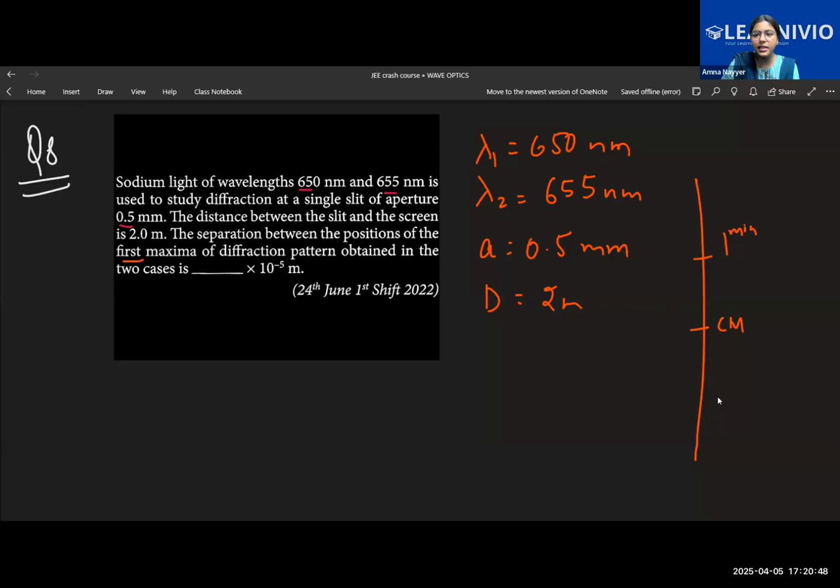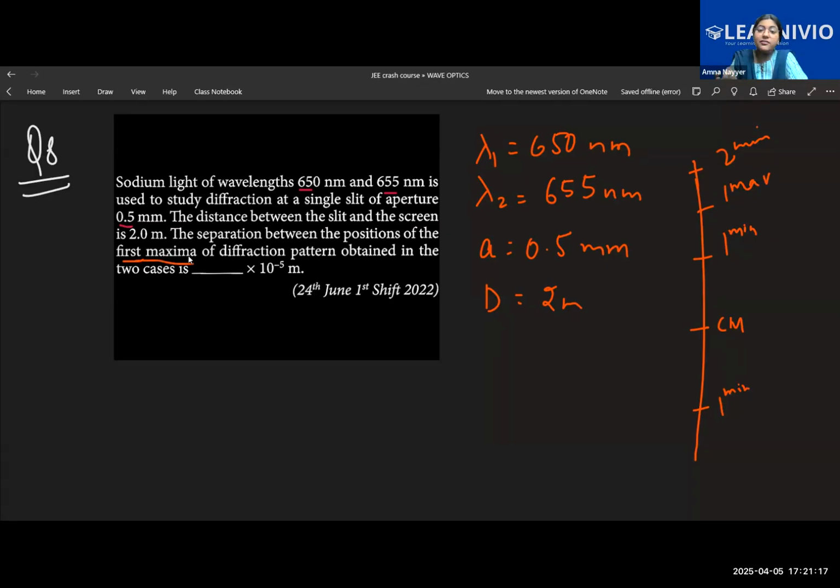Then after first minima, what will we get? Second minima. In between these, what will you get? First maxima. Exactly. This will be the first maxima, because the question has asked us about first maxima.